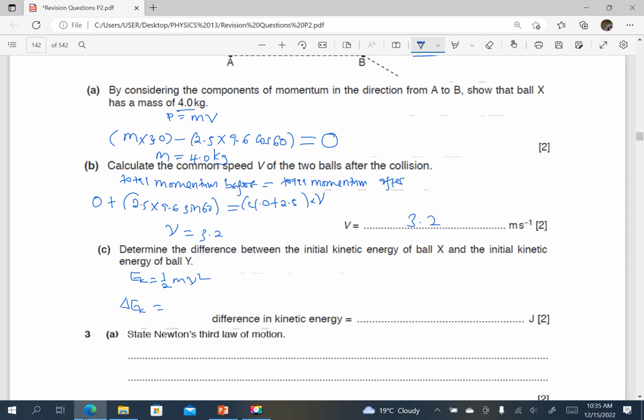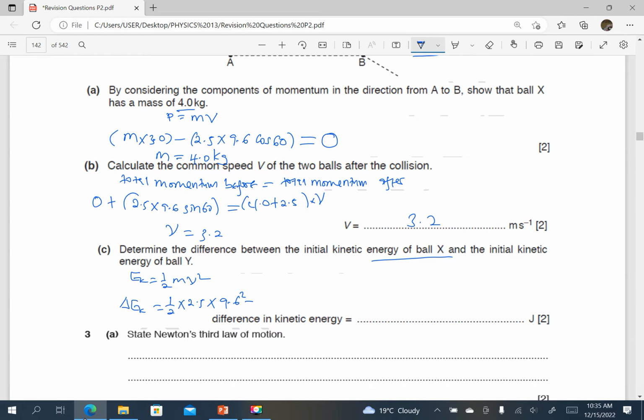For the initial kinetic energy of ball X, I think ball X is smaller and ball Y is larger because of the speed. So this is going to be a half times, I'm looking at ball Y, its mass is 2.5, its speed is 9.6 squared. Do not resolve speed when you are finding kinetic energy.